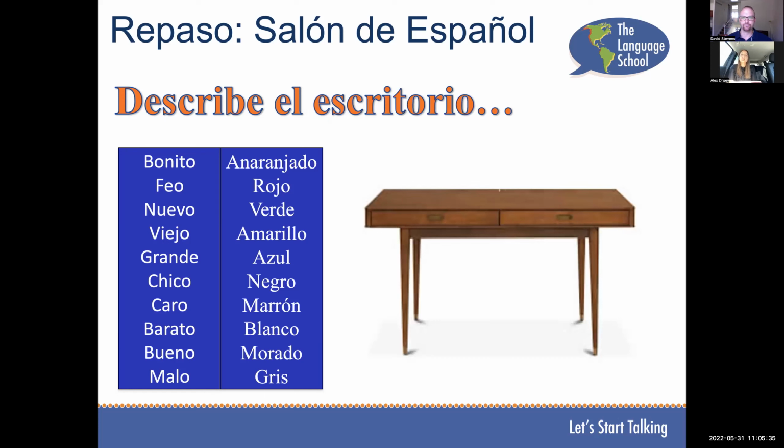El escritorio es nuevo y marrón. Describe el marcador. El marcador es nuevo y morado. Describe la computadora. La computadora es caro y make it feminine. La computadora es cara y anaranjada.